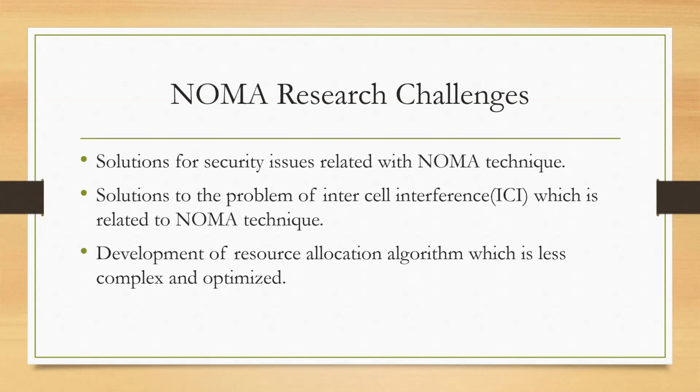With this reduced difference between power levels, there is a slight possibility that interference can appear between the signals. And the third and most important is the resource allocation algorithm.